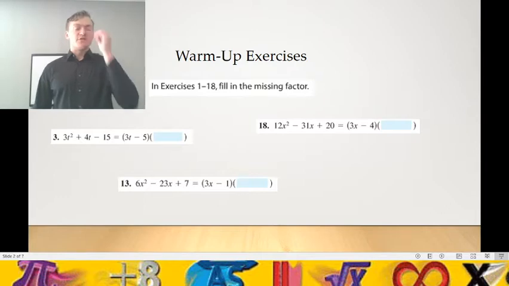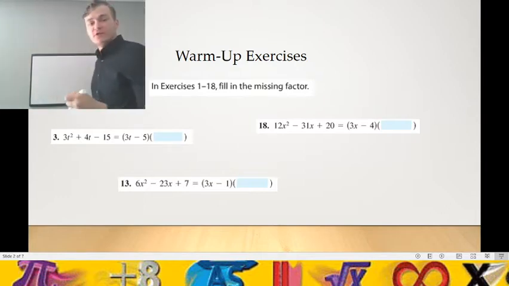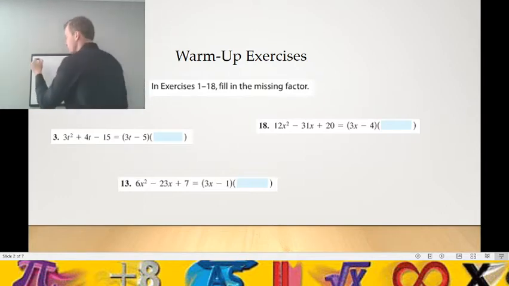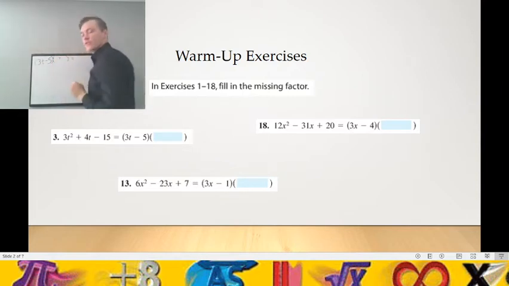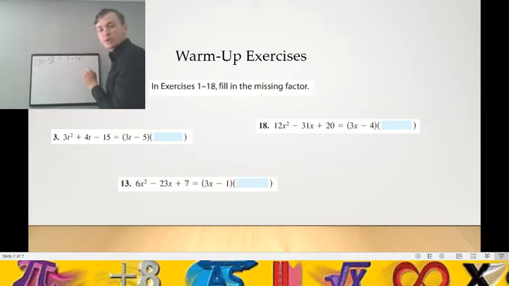Our first factor given for number 3 is 3t minus 5. Three t minus 5 is going to multiply some missing factor, and it will result in the trinomial 3t squared plus 4t minus 15.